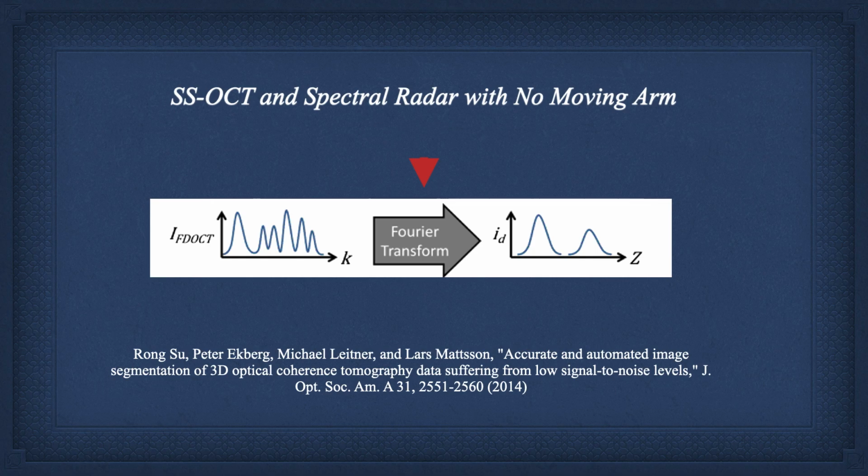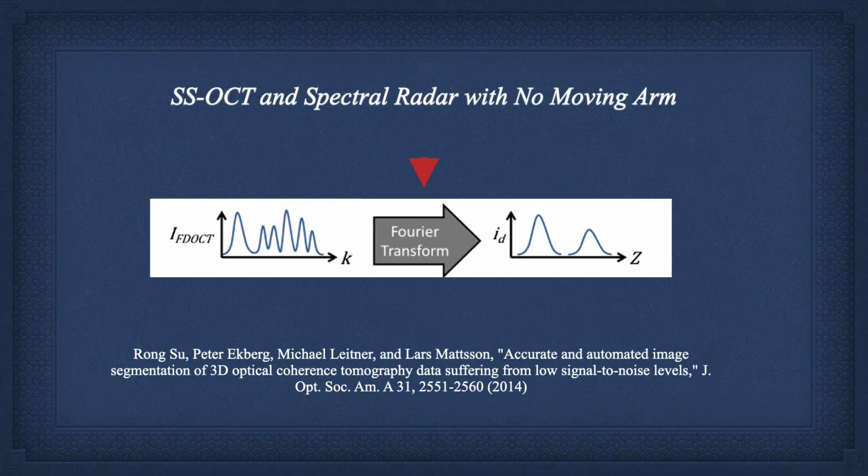That sounds really great, except the Fourier transform isn't performed in mid-air before it hits the detector. The Fourier transform is performed in the computer. That leaves us with a lot of problems, and we're going to get into that. The moving mirror in time domain created a Doppler shift that got us above the noise.